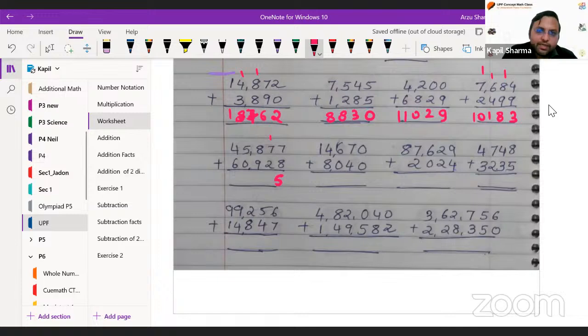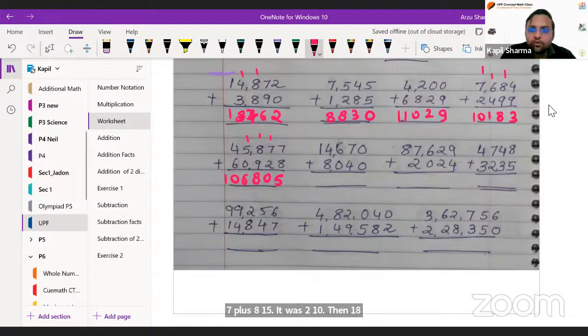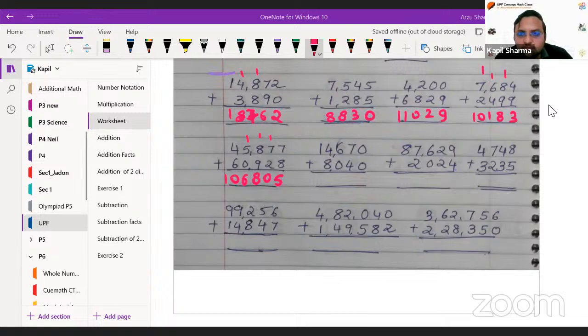Seven plus 8, 15. 8 plus 2, 10. Then 18. Prachi, which one is this? 89,653.